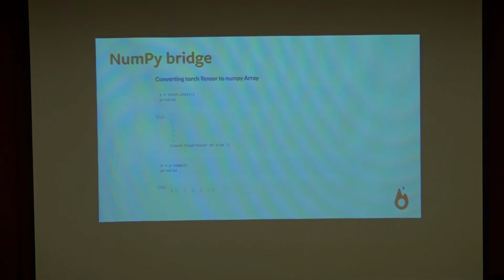One thing you can do which is convenient is you can convert a PyTorch tensor to a NumPy array very efficiently. The way it works is the underlying memory is shared between the PyTorch tensor and the NumPy array. So doing the conversion is actually a free operation. It's very fast.